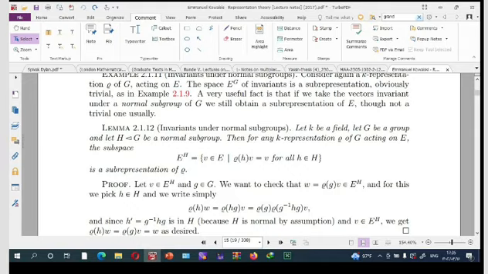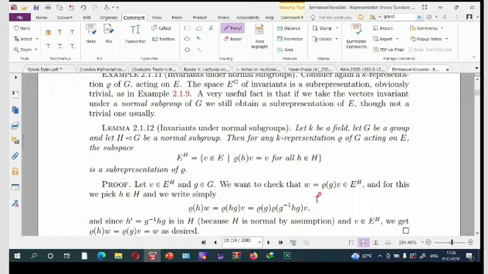let me write this for you, rho h of W equals rho h of this element, rho g of V, and this is equal to rho of hg, because rho is a homomorphism.